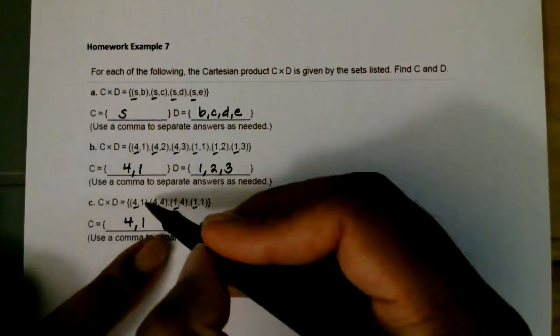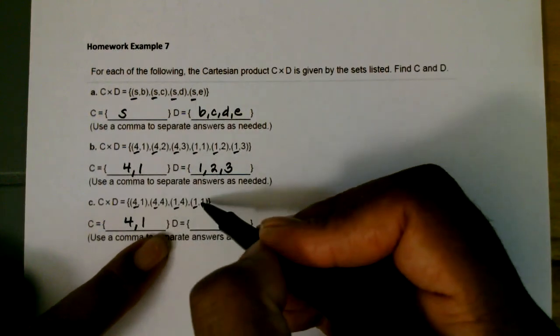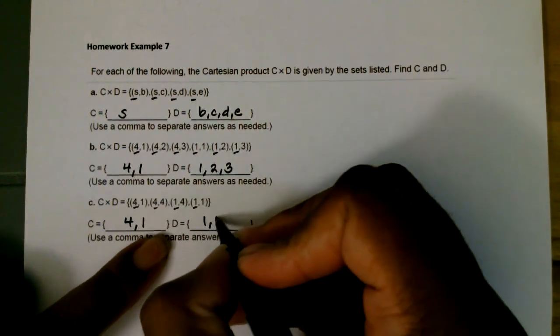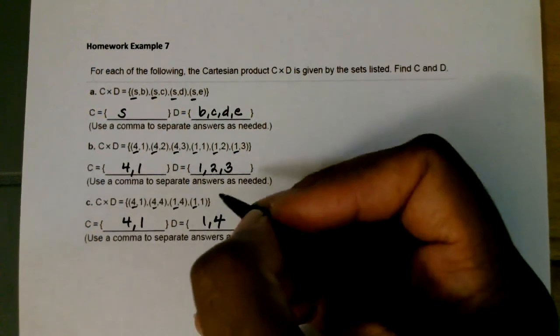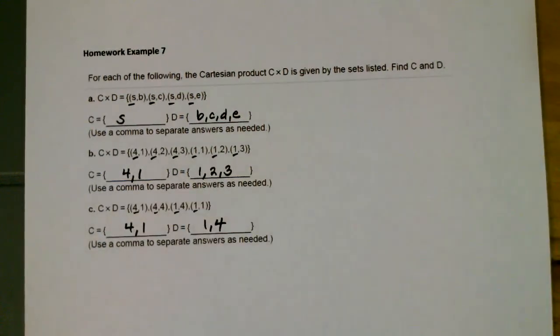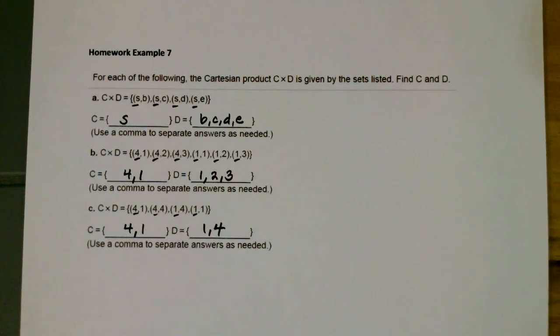And for D, we look at the second components, a 1 and a 4, or you can say 4 and 1 if you like. Okay, so this is just working backwards to find out what the set for C and the set for D are.